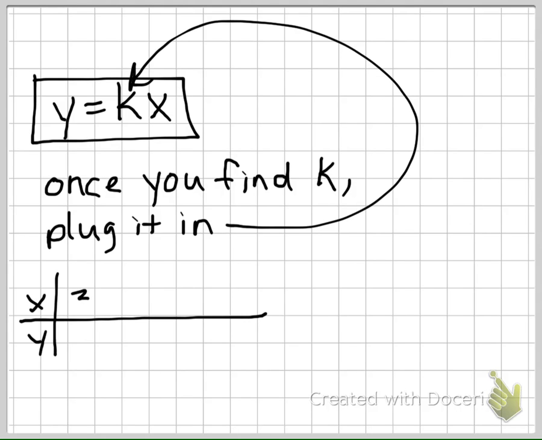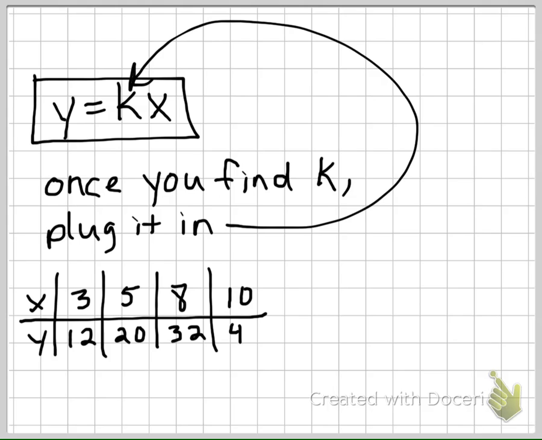So for this example, we're going to write the equation for this table. I'm going to do y over x to find k. I know that it should be the same number for all my points, so I'm going to write down all of them.